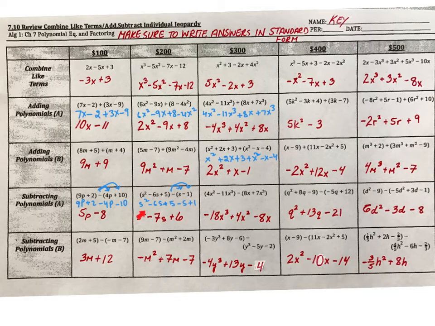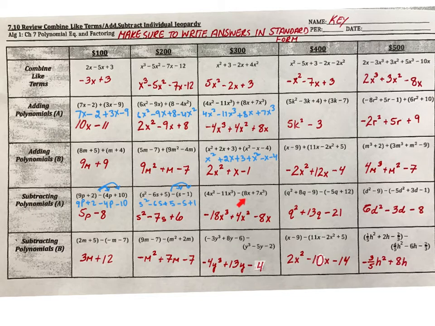Combining the like terms, I don't have any other s squared term, so I write the s squared term as it is. Negative 6s minus s is negative 7s. 5 plus 1 is 6.